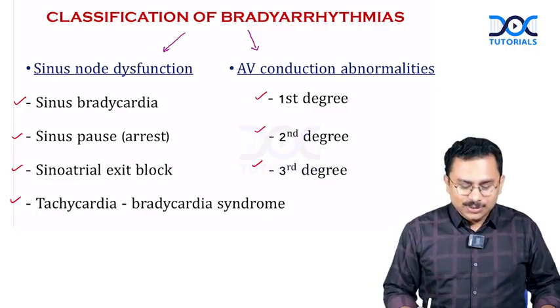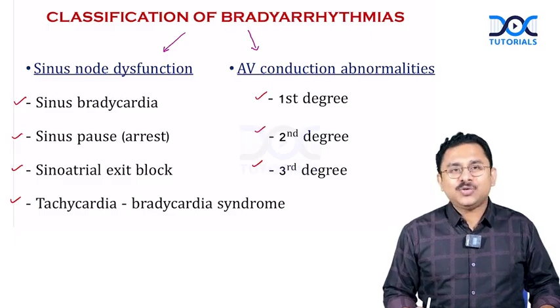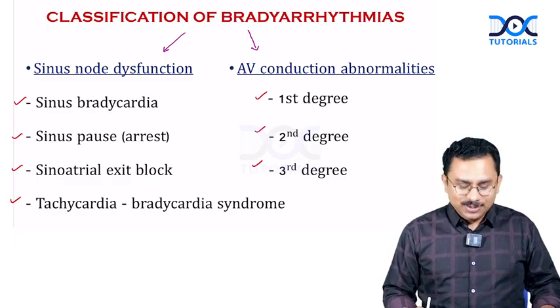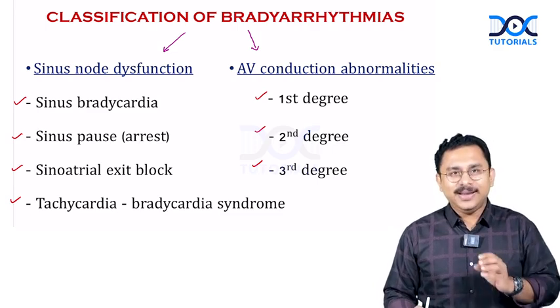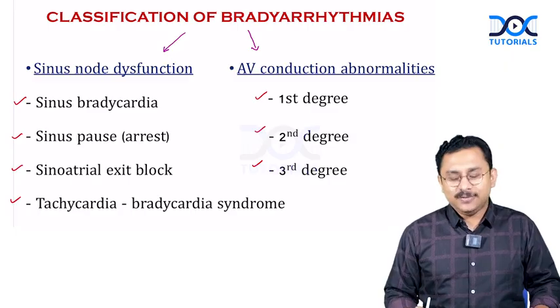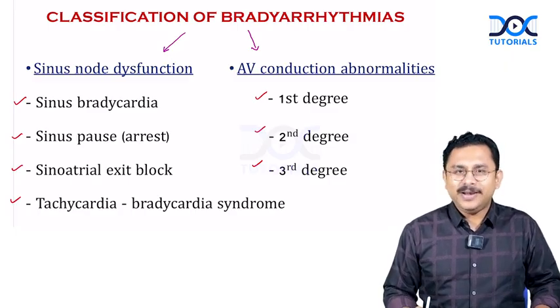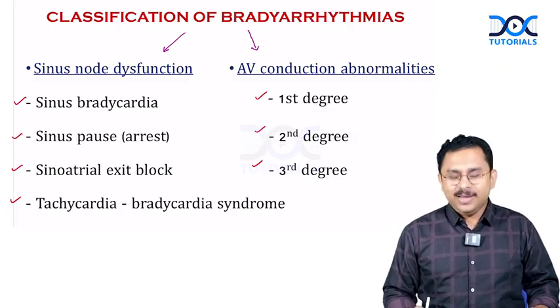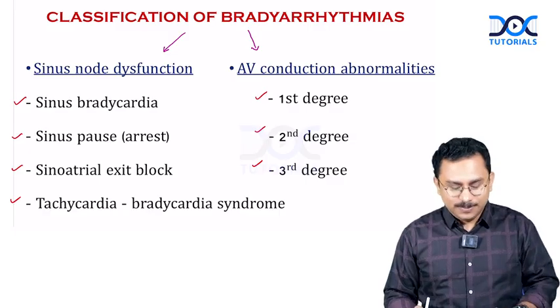Okay. So let us see the approach to the diagnosis of these bradyarrhythmias. So we'll first discuss bradyarrhythmias that occur due to sinus node dysfunction, followed by a discussion of bradyarrhythmias that occur due to AV conduction abnormalities.